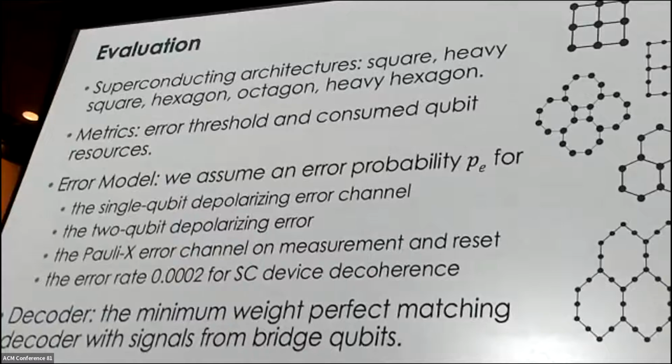Yes. For the square architecture, it also has two implementations of the surface code, not only the one without bridge qubits. You can also come up with another implementation with the bridge qubits. You can look into my paper for details. The square architecture is also a currently usable quantum architecture.